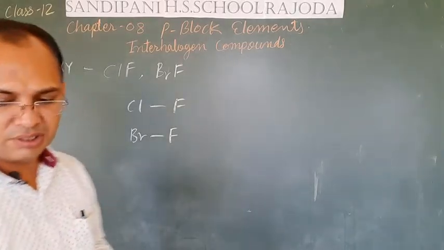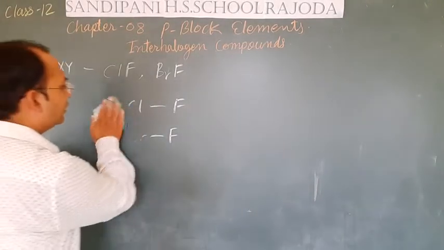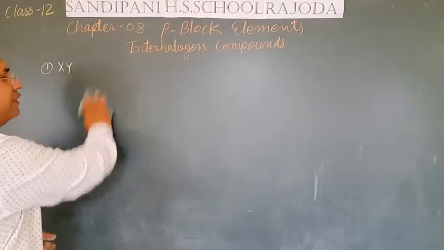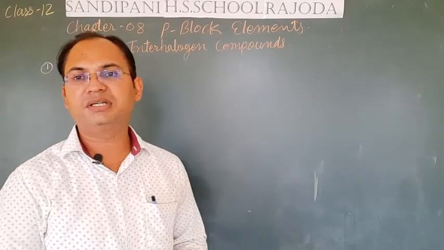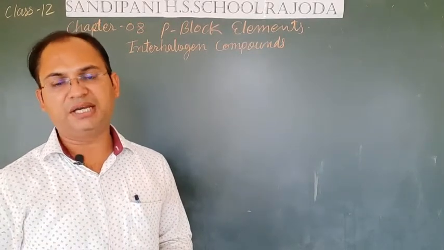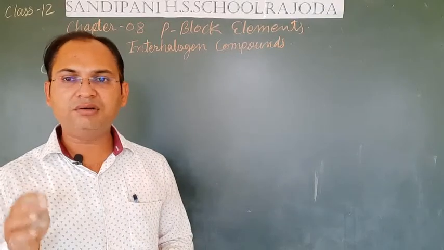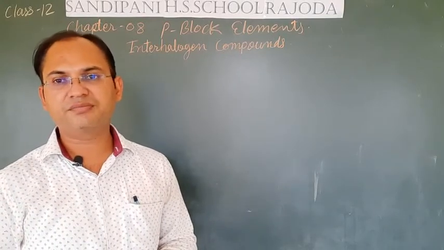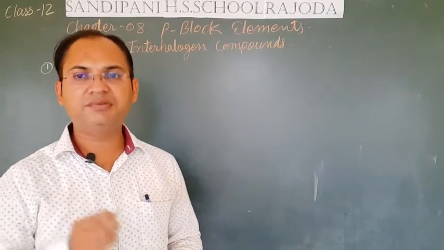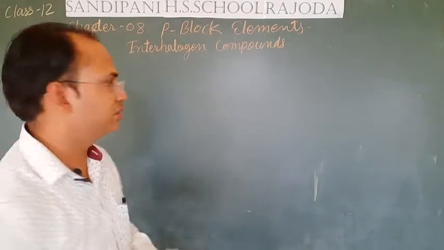So students, the structure of the next type of interhalogen compounds can be clarified on the basis of their electronic structure or in terms of the hybridization. In order to understand the hybridization, let's first of all make their electronic structure and then we will see their structure.